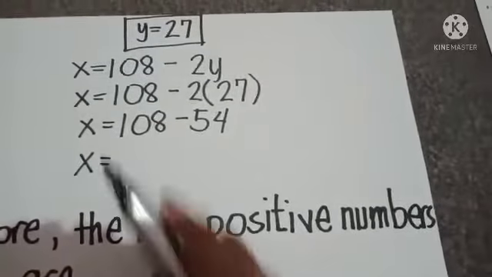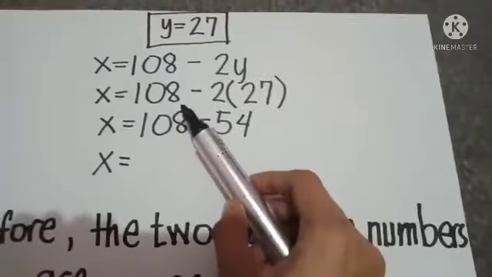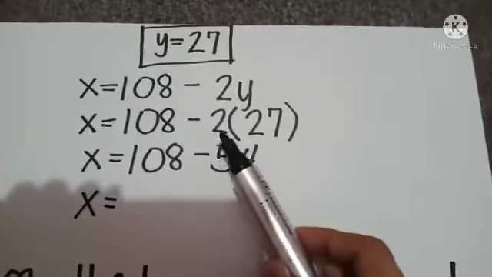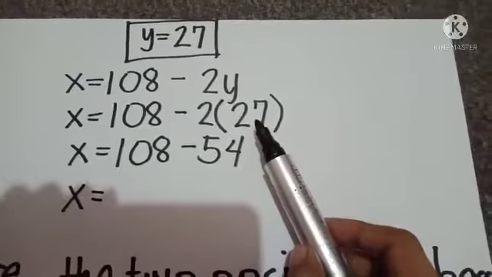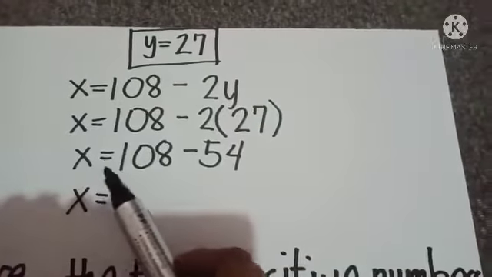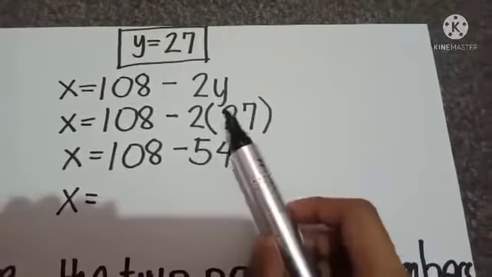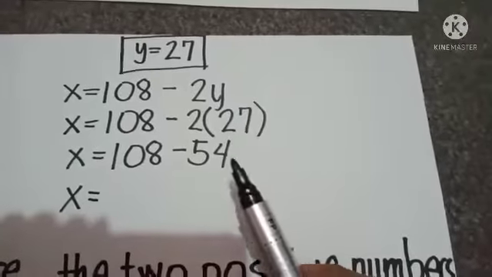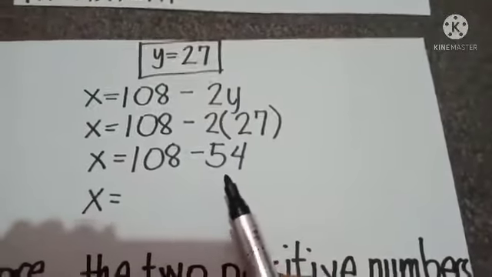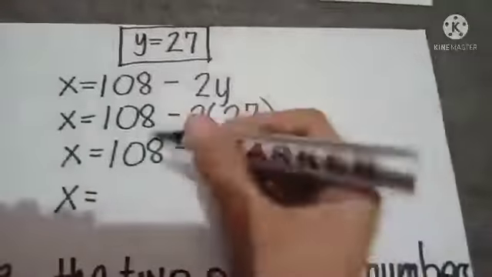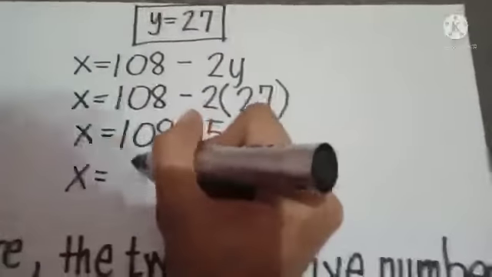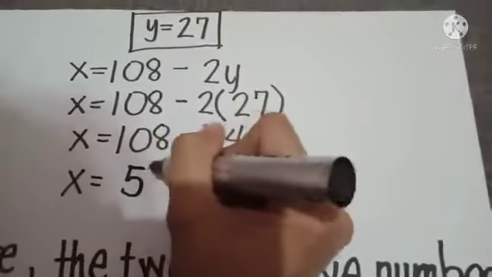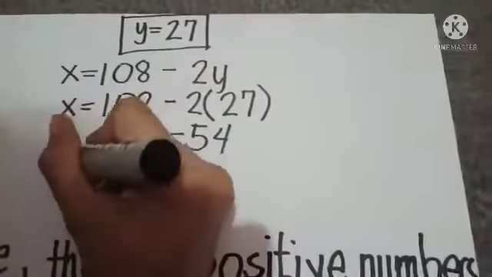So x equals 108 minus 2 times 27. So x equals 108, 2 times 27 is negative 54. So therefore, 108 minus 54 is positive 54.